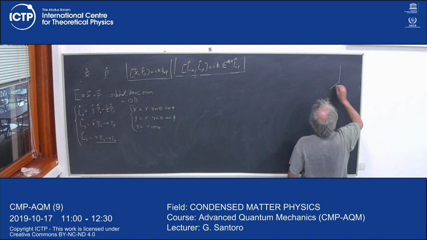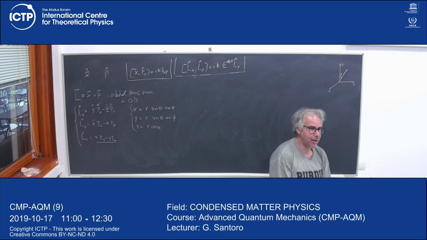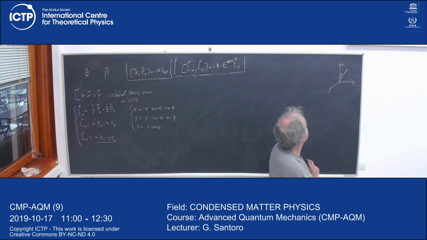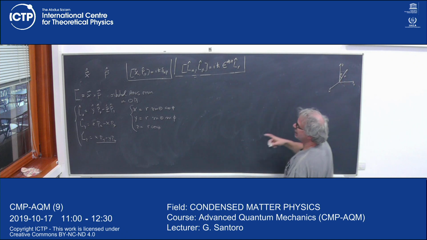Remember, let's draw it. This is x, this is y, this is z. I have a point here. I call theta the angle from the North Pole, like the parallel on the Earth. And then obviously the component along z is simply the distance from the origin times the cosine of theta. The piece on the plane is r sine theta.